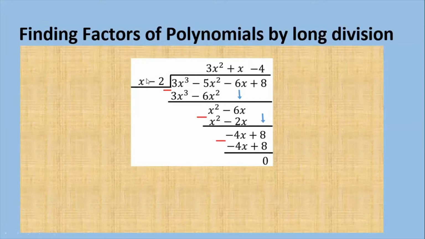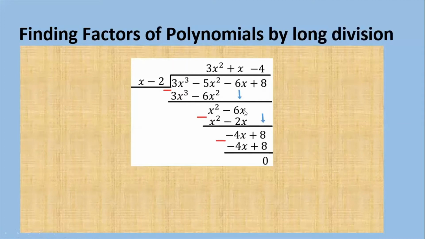So 3x squared times x is 3x cubed, and 3x squared times minus 2 is negative 6x squared. Then we subtract. 3x cubed minus 3x cubed is 0. Negative 5x squared minus negative 6x squared is x squared. Then we carry down the minus 6.